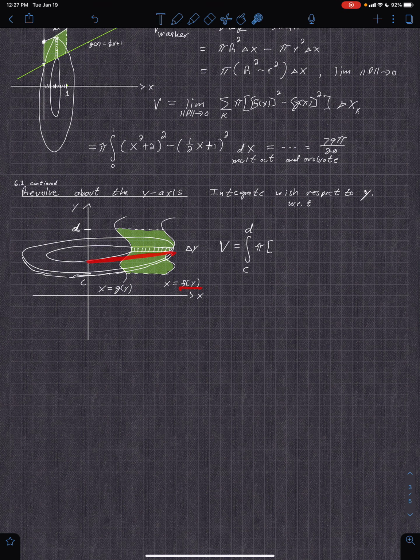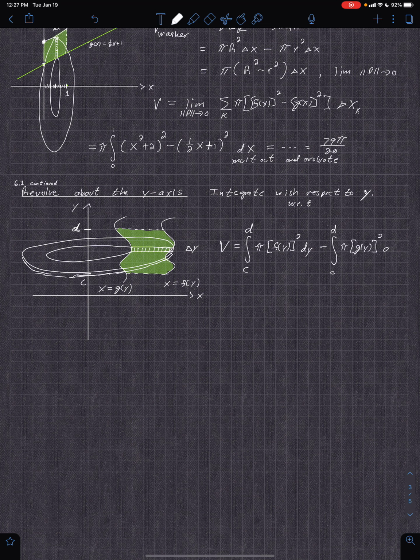So that ends up being your dy. So that's the volume of the large one, and then you subtract the small one, which is g of y. So this would be minus the integral from c to d as well, and then it's of course pi times g of y, quantity squared dy.